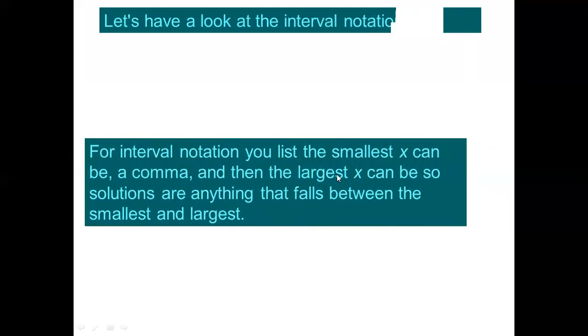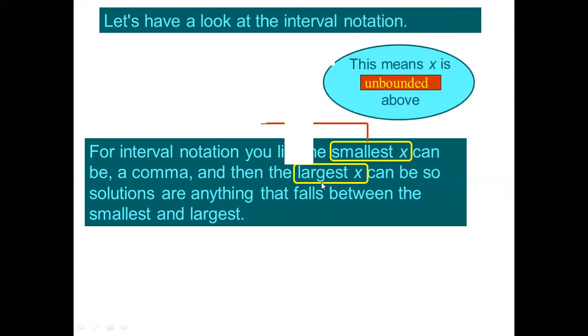Now let's see the interval notation. How can you represent it using the comma, greater than or equal to sign and so on? When we go to the smallest or largest, that means x is unbounded. Larger than means it is larger than that number.